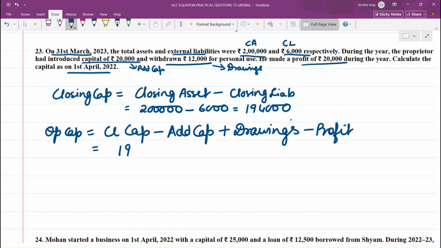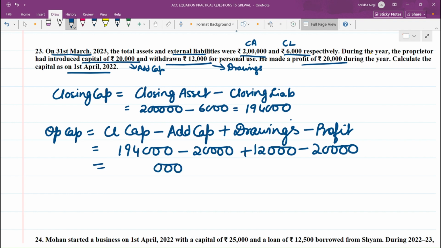Closing capital is 1,94,000 minus additional capital is 20,000. Withdrawal drawings को add करेंगे 12,000. And profit is 20,000. ठीक है. So अभी हम add वालों को पहले add कर लेते हैं. 2,06,000 minus 40,000. तो कितना हो गया?